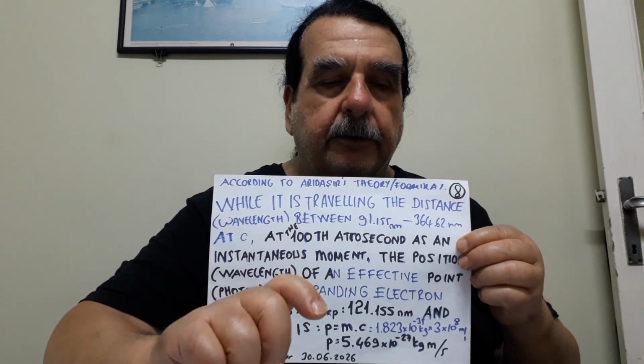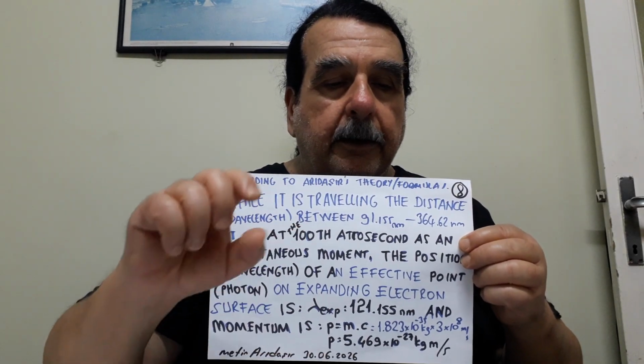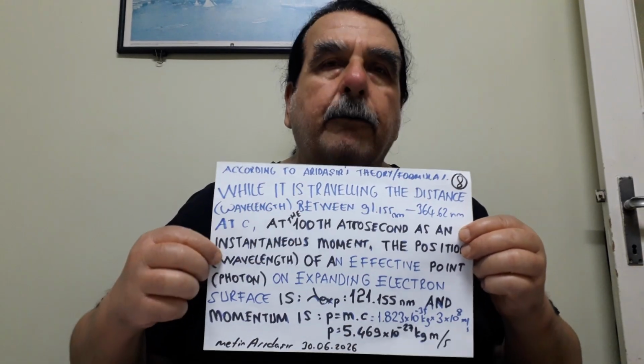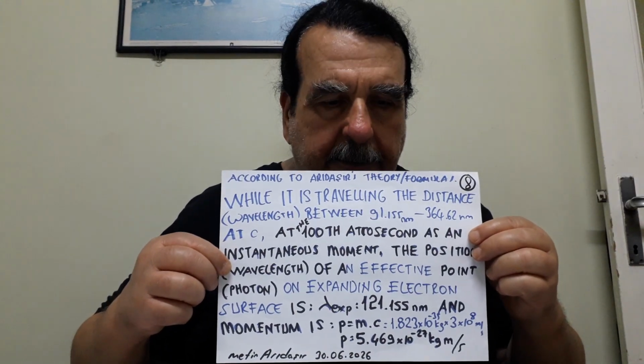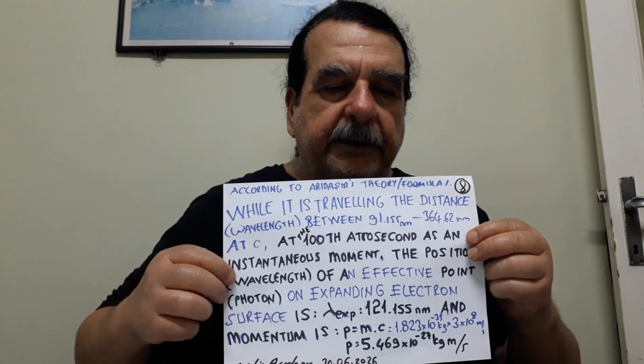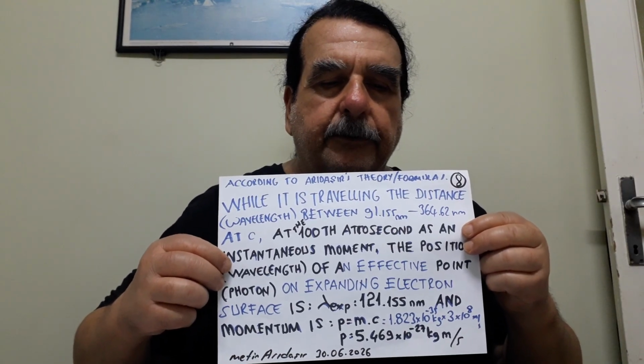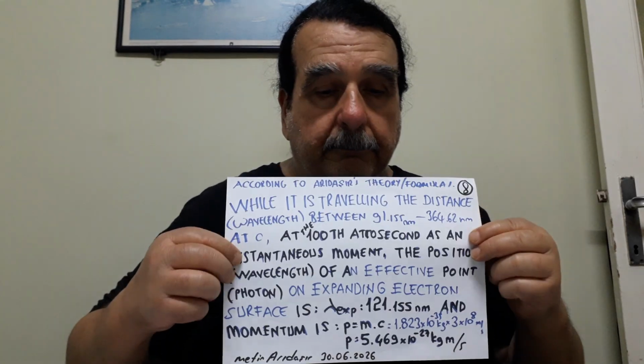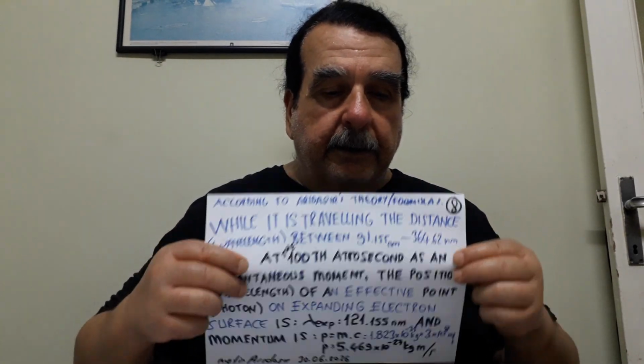The position of an effective point on the expanding electron surface, lambda instantaneous position, is 121 nanometer and momentum is 5.469 10 to the minus 27 kilogram meter per second.